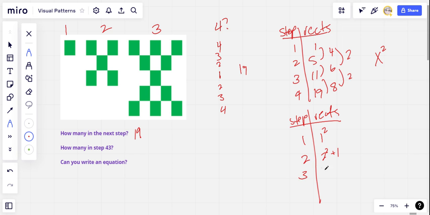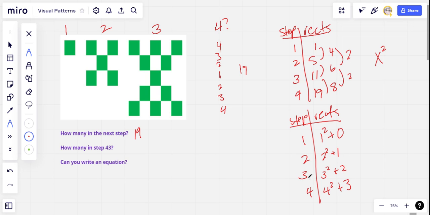In 3, I've got the step number squared, and then I'd need 2 more. And then in step 4, I've got the step number squared, and I would need 3 more to get to 19. 4 squared is 16 plus 3 is 19. When I arrange it this way, I can see a pretty clear pattern. And actually, I'm going to make this plus 0 just to make that even more consistent as a pattern.